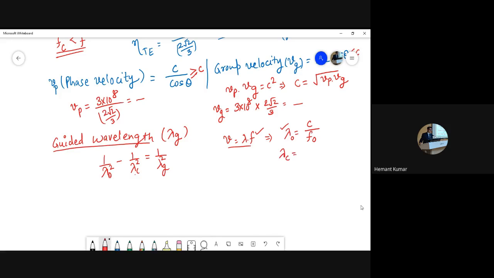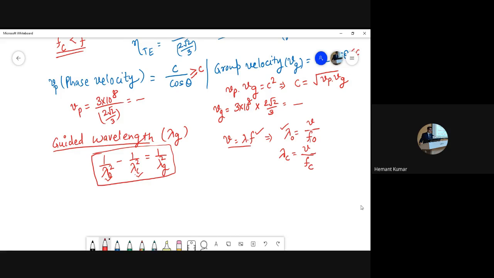Lambda c you can calculate as speed, or you can simply write V upon the cutoff frequency. So from here you can calculate the value of lambda g using this formula. These values are given to you, right?